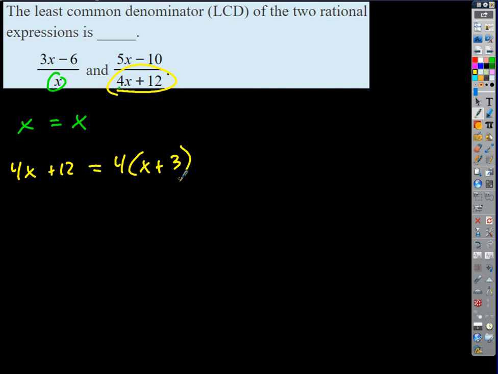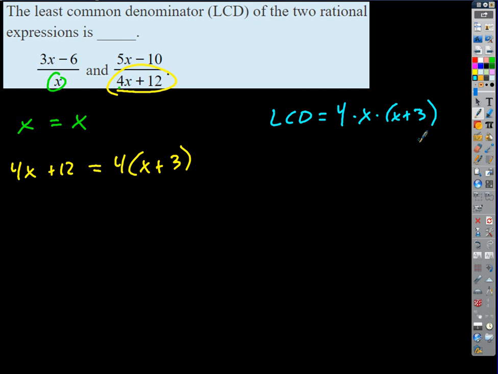If there's no shared factors, then my least common denominator is just going to equal the shortest list that includes all those factors, right? So my constant is going to be a 4. I've got an x, and I've got an x plus 3, right? So that's my least common denominator. No shared factors, so it was just a product of the two.